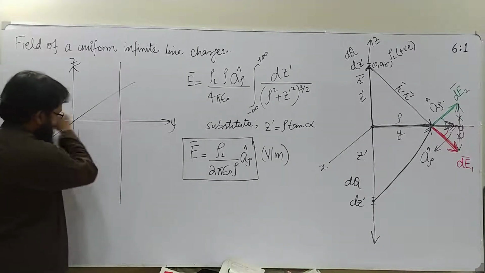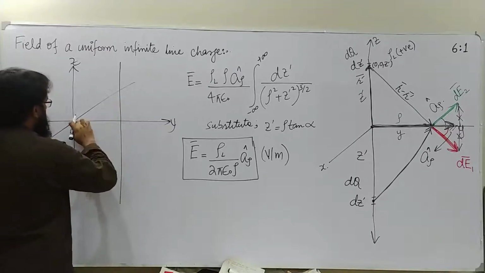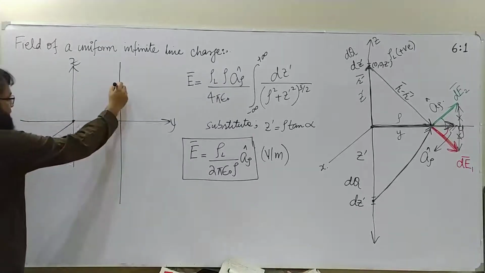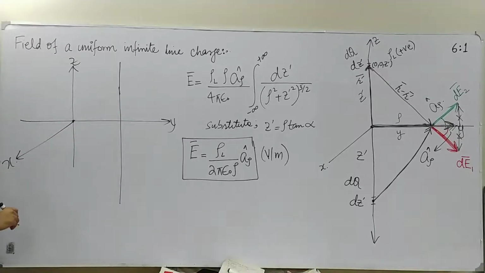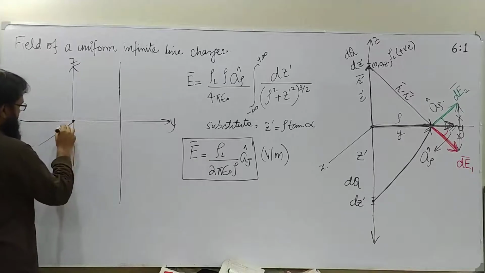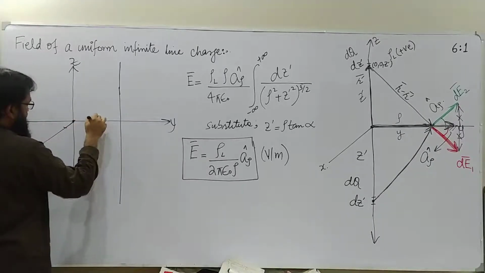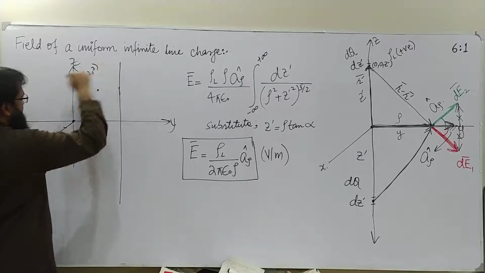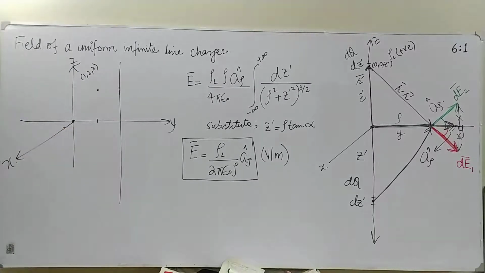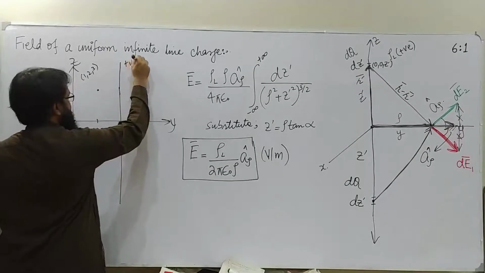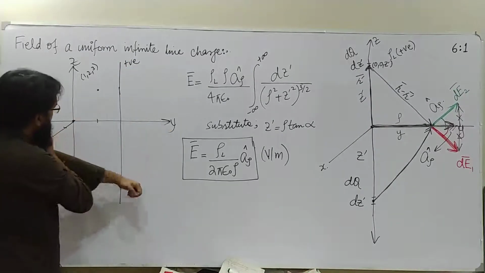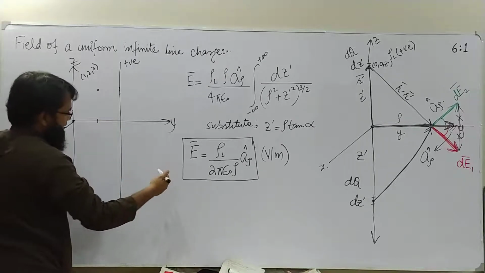And let's say we want to find the field at a point, let's say 1, 2, 3, somewhere here. This is the field point 1, 2, 3. And let's say this infinite line charge density is positive. So how can we find it?